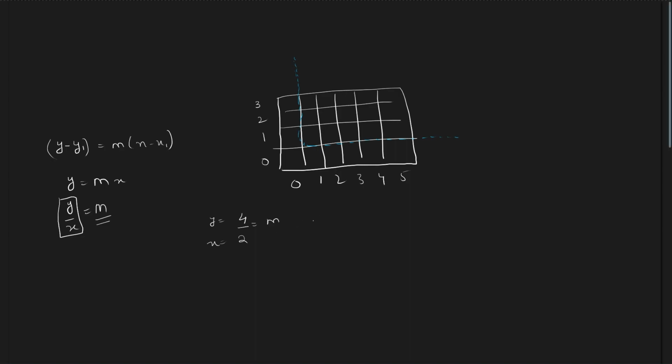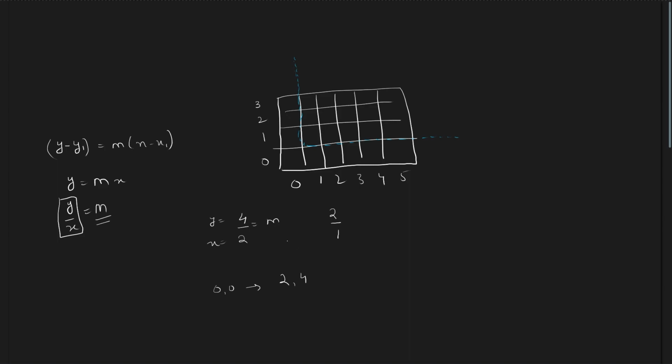That means you would still be able to satisfy this condition with y equal to 2 and x equal to 1, right? There will be smaller values of y and x that satisfy this condition, and hence you cannot make a jump from 0, 0 to 2, 4, right? You cannot make this jump because there will always exist some simpler or smaller values of y and x such that they also satisfy the same condition.